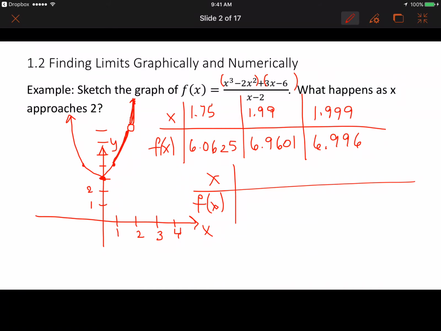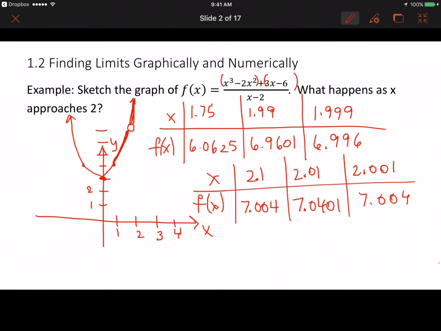And I can come in from the other side. So if I plug in, let's start with 2.1, that's to the right of 2, and I plug that into f, and I get 7.004. I can plug in 2.01, that's a little bit closer to 2, and I get 7.0401. Now let's do one more, 2.001. And I get 7.004.